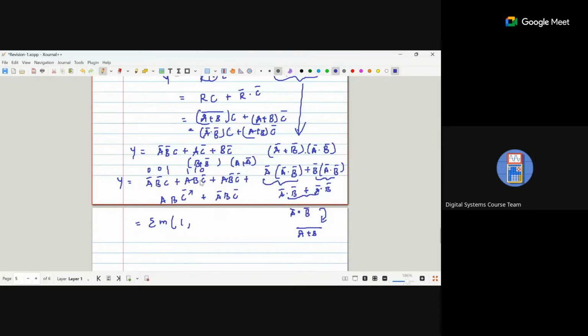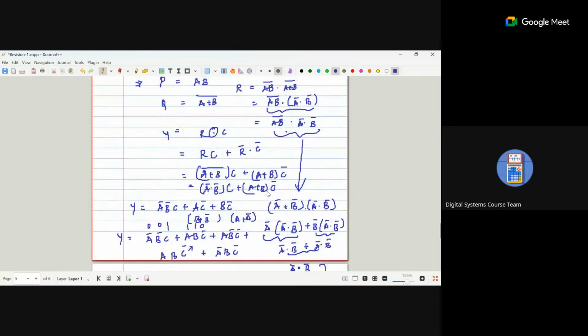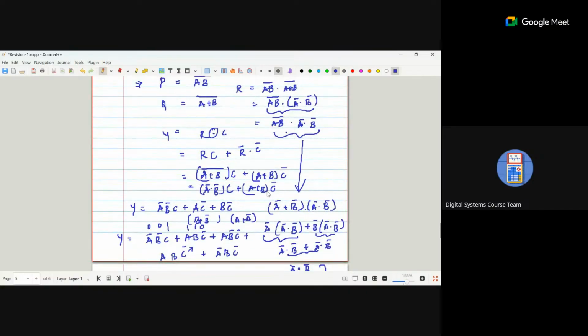1, 1, 0 will be the simplification part. Okay. R simplification, or are we talking about Y? Do you want a simplification of R or Y?